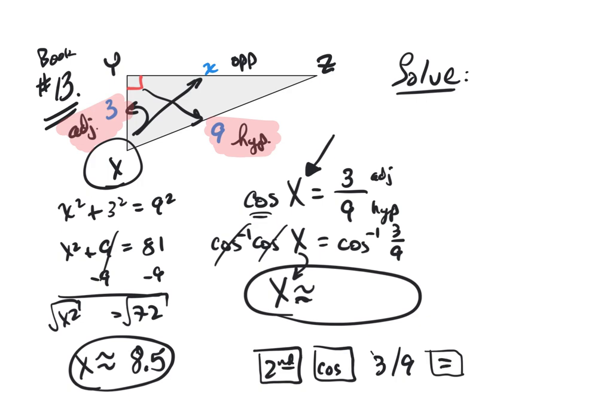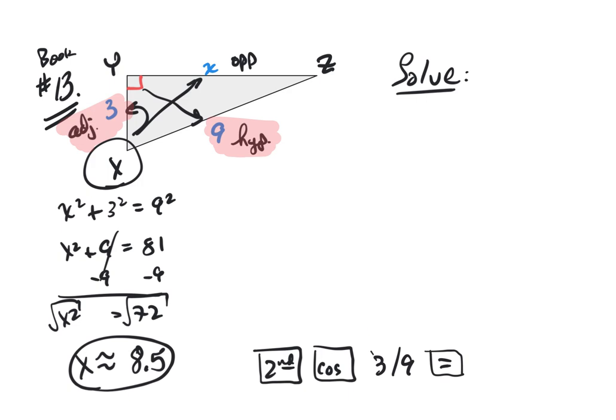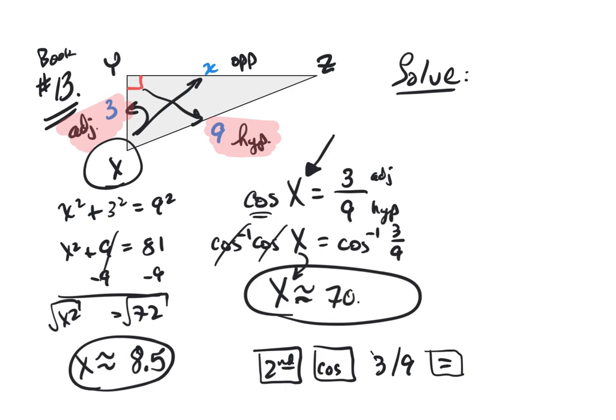Okay, so what we'll have is the inverse cosine of 3/9, and we should all get an angle of about 70.5 degrees, approximately 70.5. Okay? All right, and finally, the last missing piece that we have to find is angle Z.